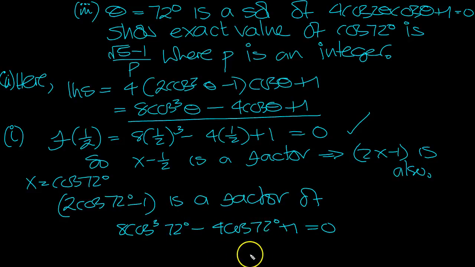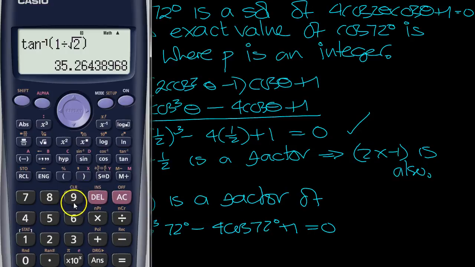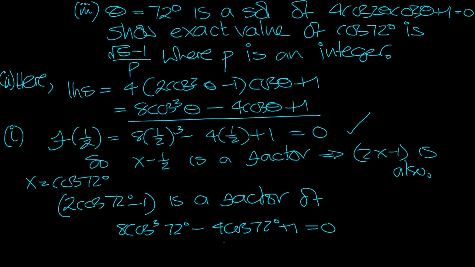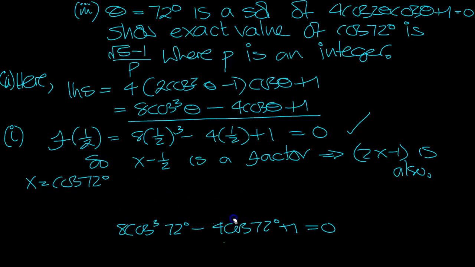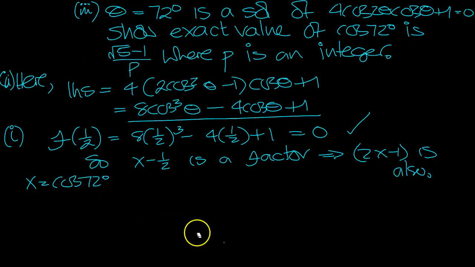We need the other solutions. If I do cos 72, for example, it's told me in the question it's not a half. So that's not true. So I'm up the garden path there. So basically one of the other roots is the root for cos 72 in that cubic, isn't it?